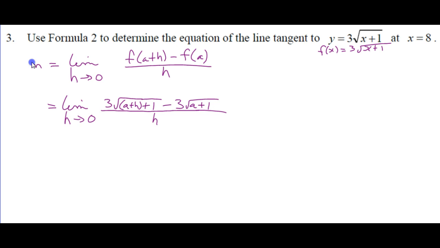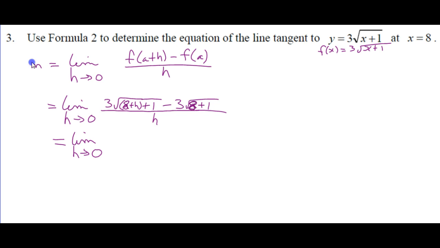We're going to get the h out of there. Oh, but wait, what else do we know? We want it to be when x is equal to 8, right? Okay. So let's make that a an 8.